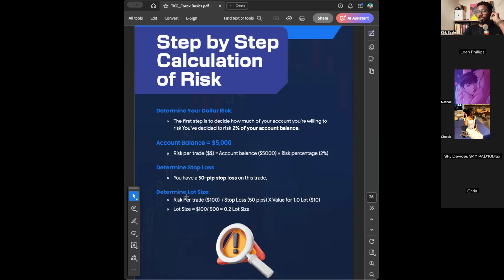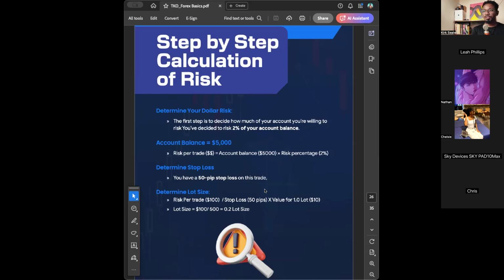All right, so determining your lot size is going to look like this. Your risk per trade, divided by your stop loss. So we have $200 on our account. For this conversation, we're going to say the stop loss is 30.